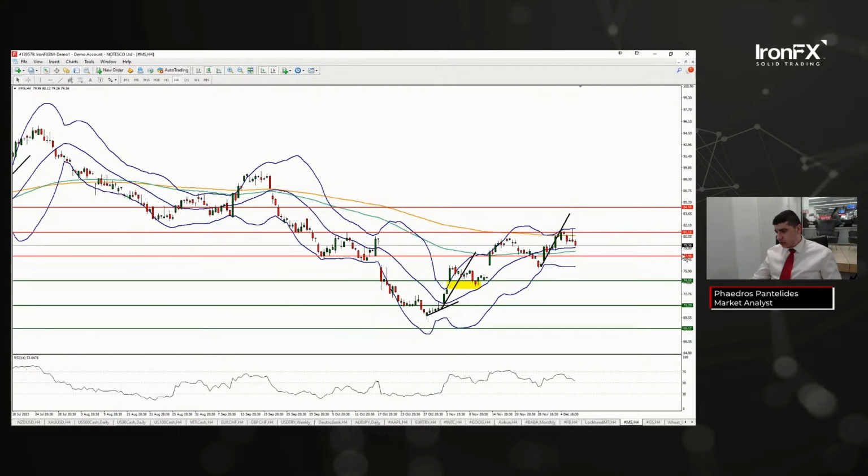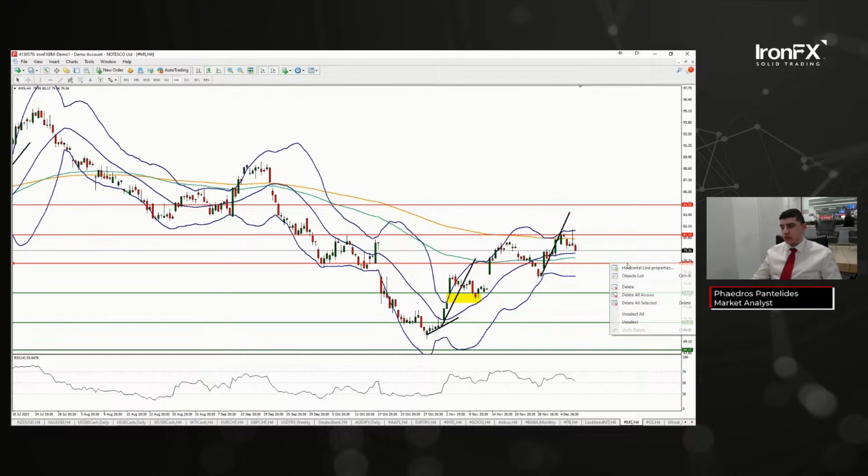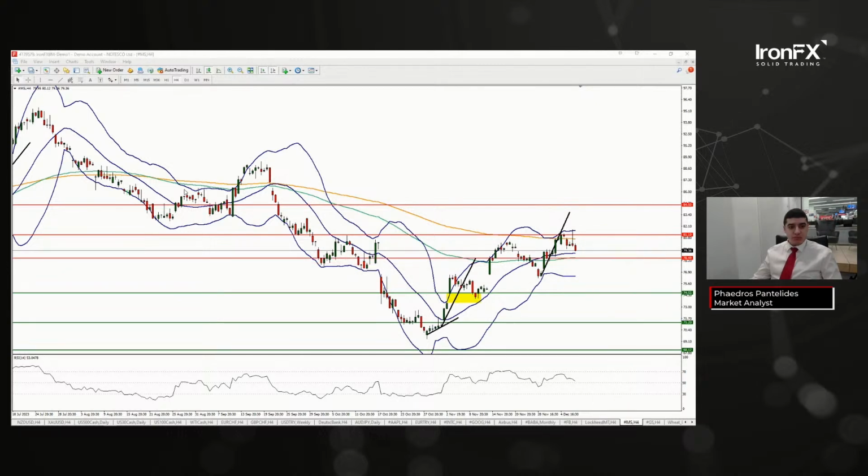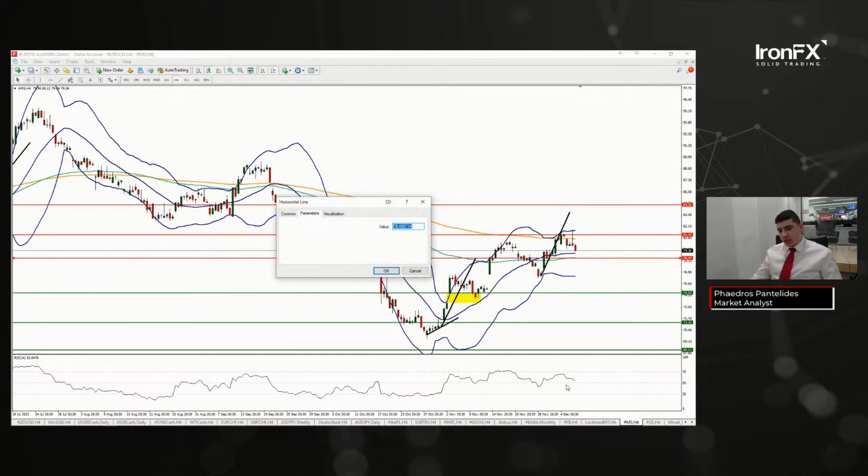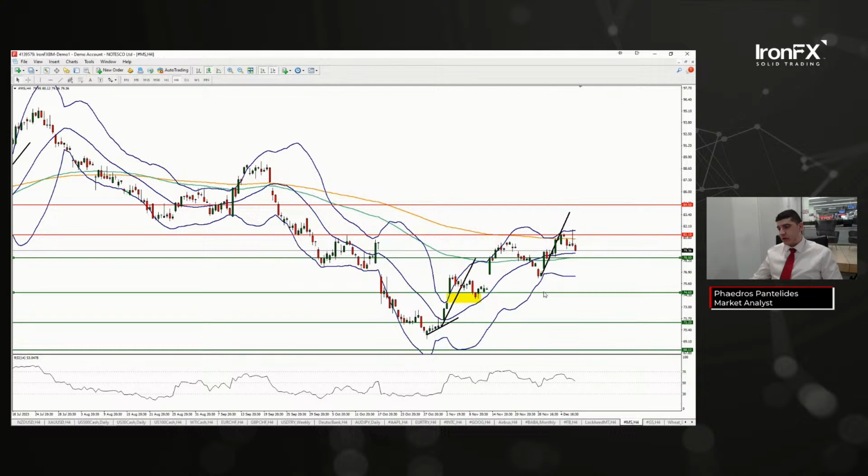Actually broke above our resistance levels. RSI dropping near 50 implies a neutral market sentiment, as we've said many times during today's technical analysis. So we're simply readjusting our support and resistance levels.